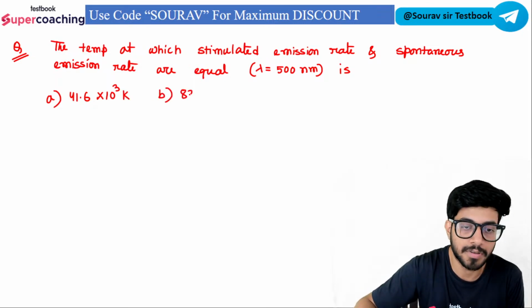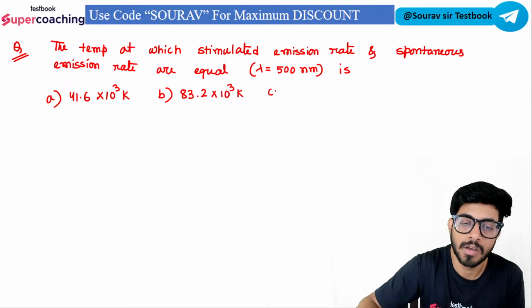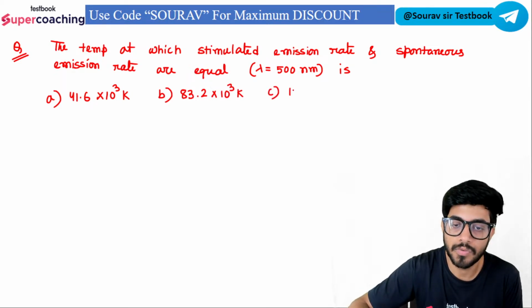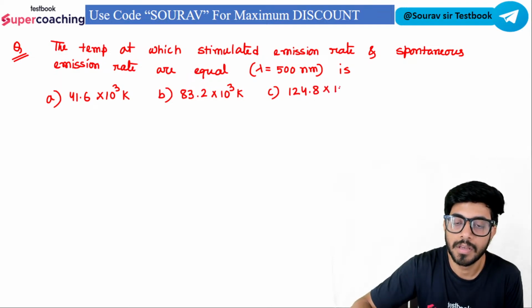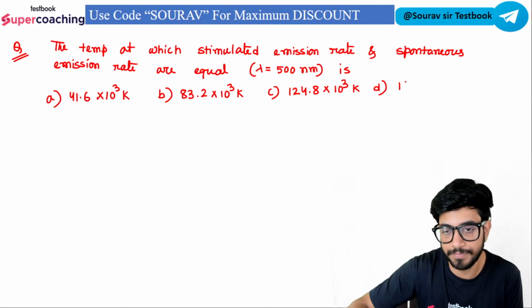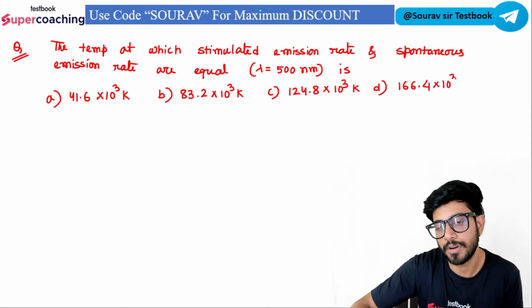Option B, 83.2 into 10 to the power of 3 Kelvin. Option C, 124.8 into 10 to the power of 3 Kelvin. Option D, 166.4 into 10 to the power of 3 Kelvin.